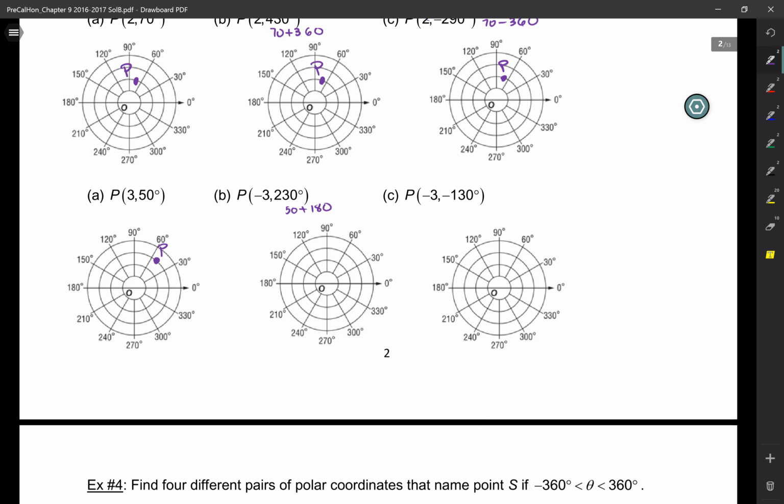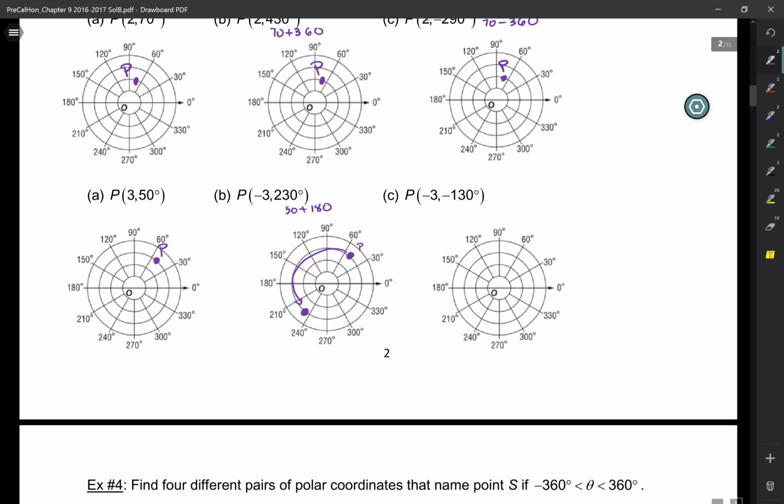Now let me just graph 3 and 230. 230 is right there. That's 3 and 230, right? So what did I do? I started out from P. P was here. I added 180 and I got to that same point. But now, how can I get back to point P?